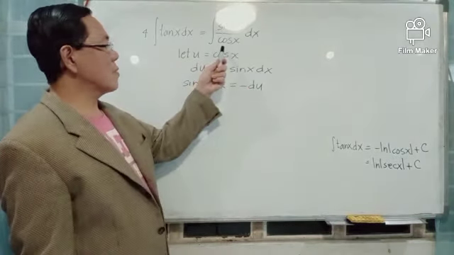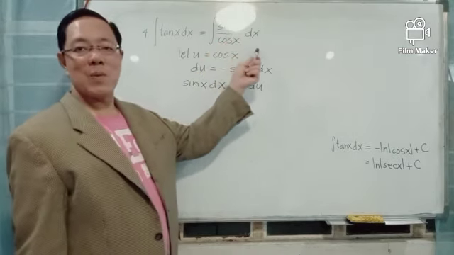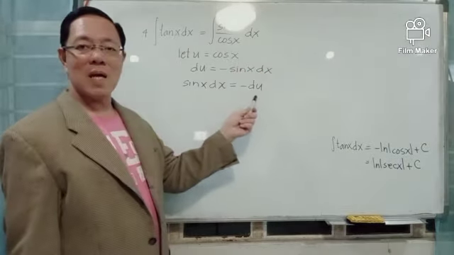Now in this integral, we replace cosine x with u, and the product sine x multiplied by dx we replace by negative du.